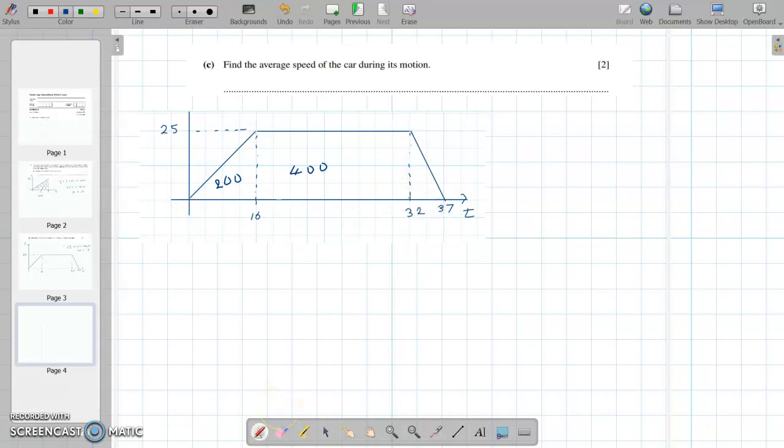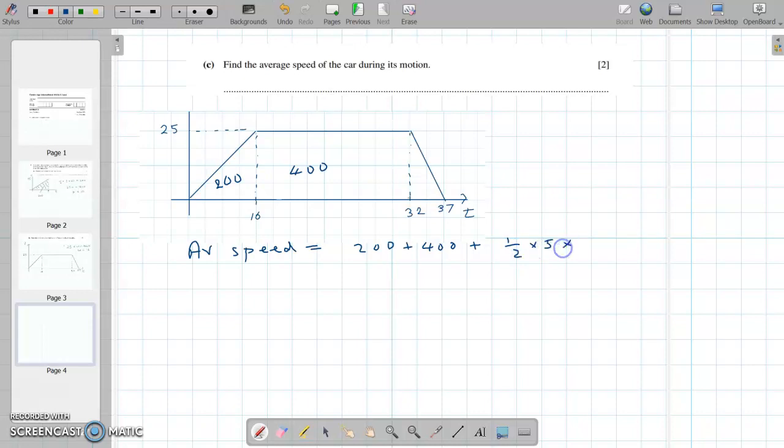So average speed is the total distance, which is 200 plus 400 plus the area of that last triangle, which is half times base. Well, 32 to 37 is 5 seconds.